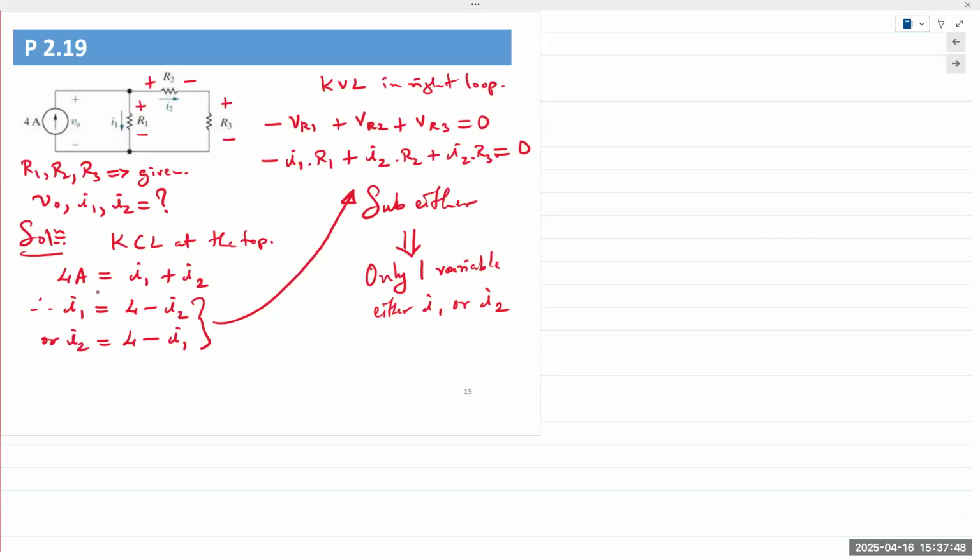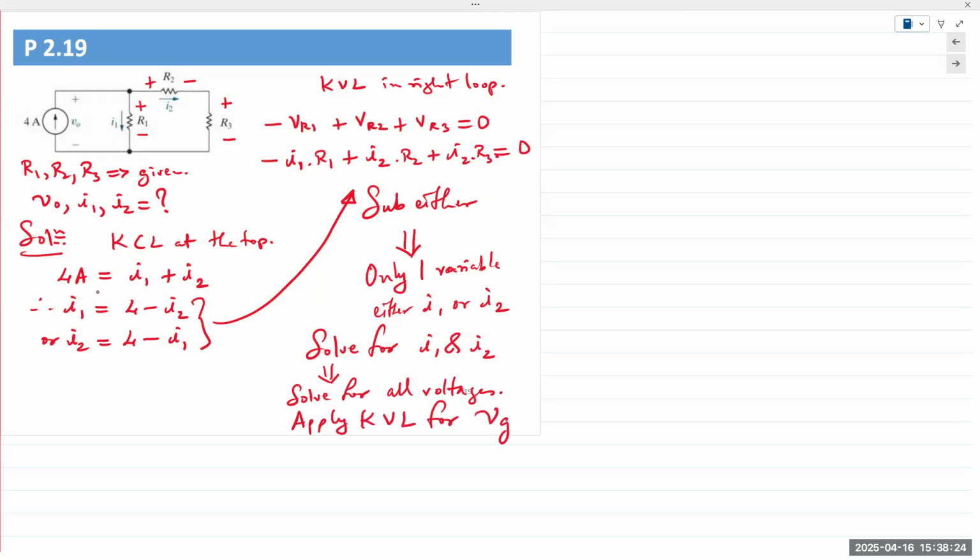And once you have only one variable left, you can solve for that variable, solve for I1 and then I2. Once you have I1 and I2, you can solve for all the voltages. Once you have solved for all the voltages, you apply KVL to solve for VO.